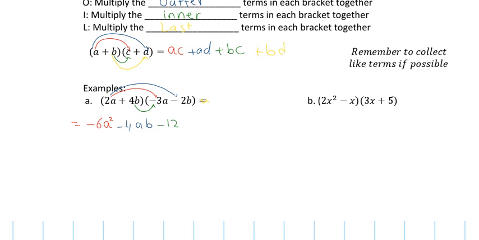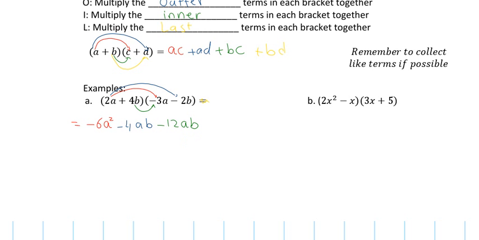What's 3 times 2? What's 5 times 2? What's 2 times 5? So does it matter which way I multiply, if I multiply A times B or B times A? No. Okay? So can I write it as AB instead of BA, just so you see that I have like terms? So if I write it AB or BA, it's the same thing. Okay, that's what I'm trying to say to you guys.